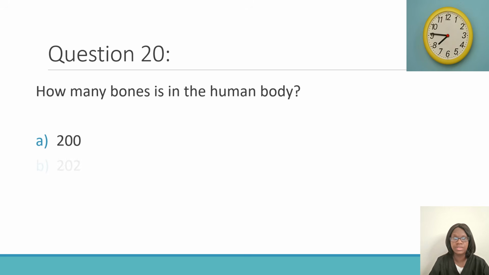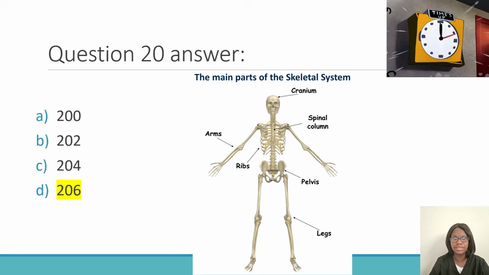A, 200, B, 202, C, 204, or D, 206? All right, the correct answer is D, 206.